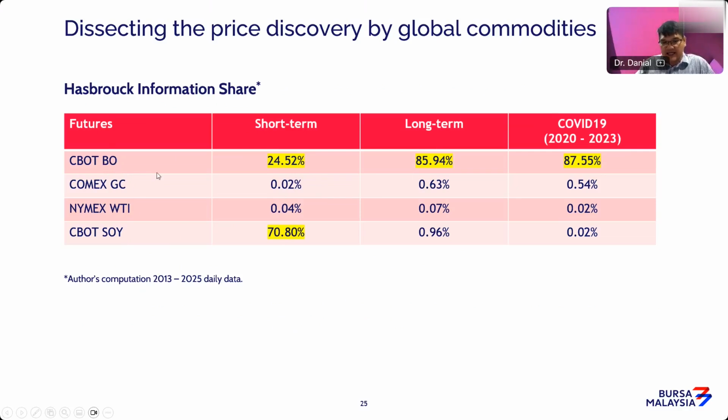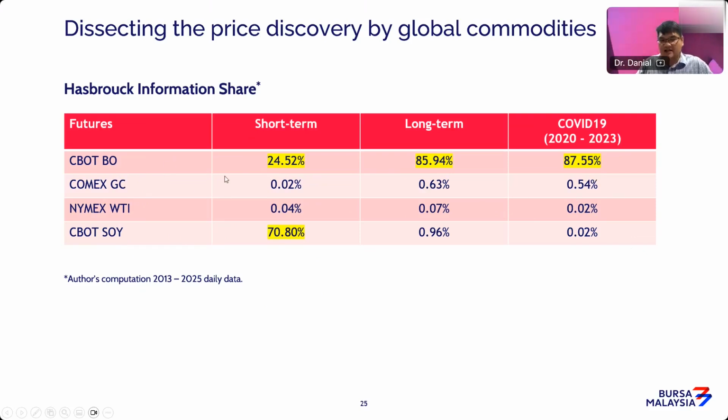For the long term, yes, we have to refer to soybean oil. However, looking at COVID-19, although gold futures and crude oil are very much a reference, a benchmark for the economy, it doesn't really work well for CPO futures, because CPO futures are really loyal to bean oil.